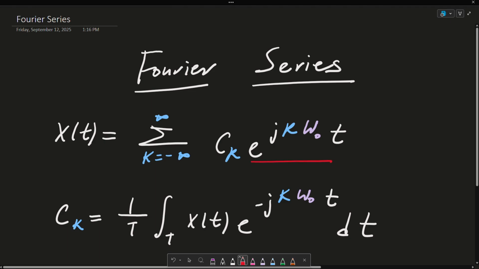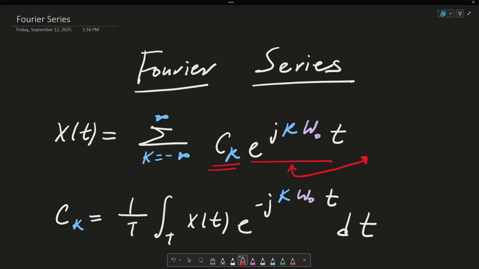And in this video, we'll be talking about the recreation of periodic functions using the complex exponential. In this situation, it's going to be multiplied by this coefficient ck. And in another video, I'm going to talk about how we transform this complex exponential to sine and cosine waves.